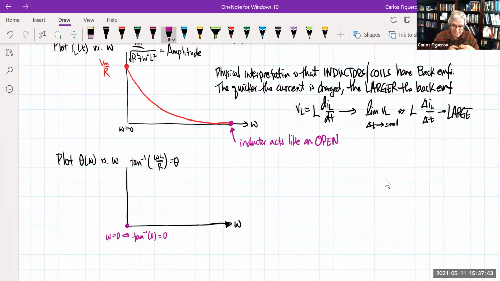So if I'm looking at this thing, the maximum that tangent could be is 90 degrees. So this is when theta is equal to 90 degrees. So that's the maximum it can do.